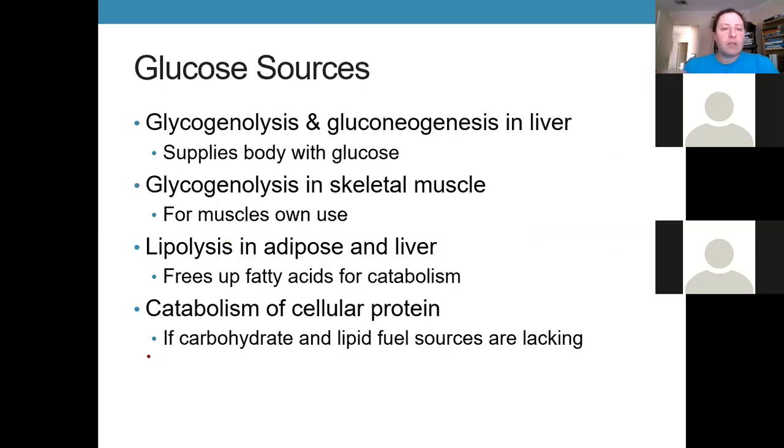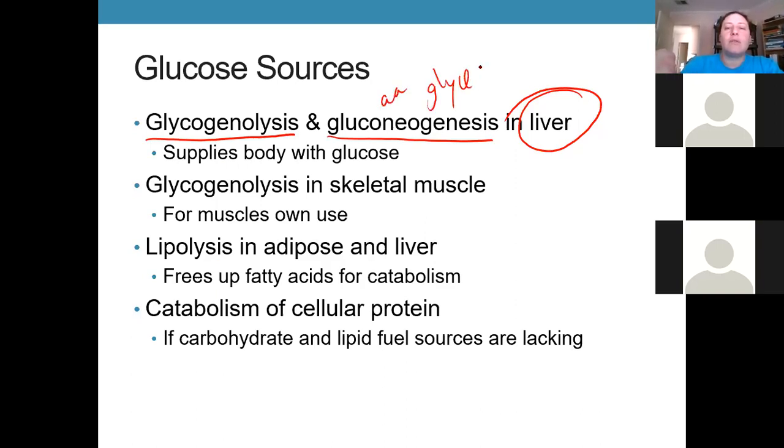So our glucose is mostly going to come from the liver to supply the body and the blood. The liver is going to break down glycogen with glycogenolysis, and it's going to make new glucose, so gluconeogenesis, from things like amino acids. It can use the glycerol, actually, from triglycerides and other things. And so that's going to maintain our blood glucose.